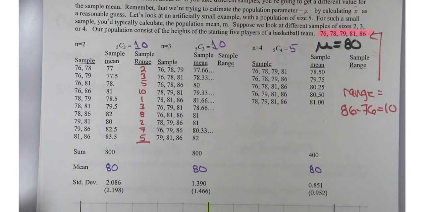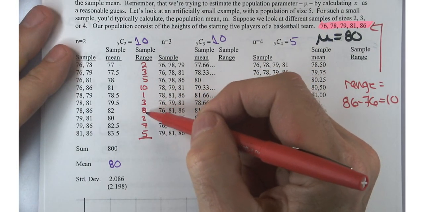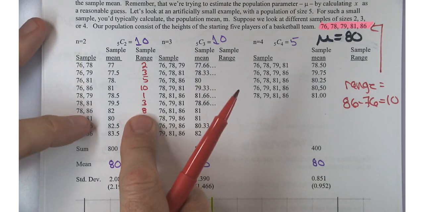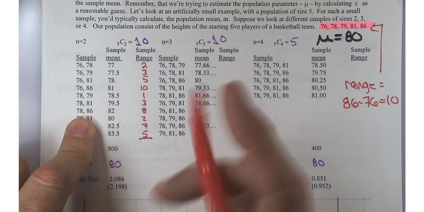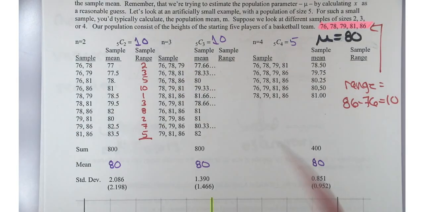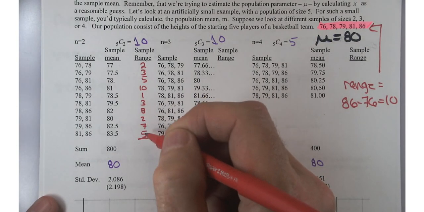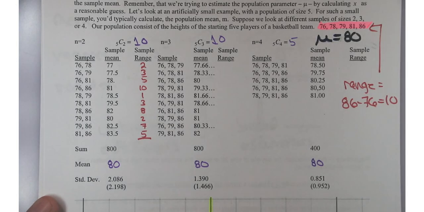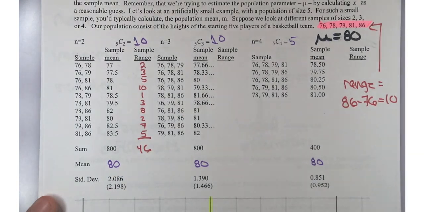Let's see what the average estimate of our sample range is. 10, 21. Let's see, no, it's an 8. All right, let me go back. 21 plus 3, 24, 32, and 14, 46. So the total of this is 46.